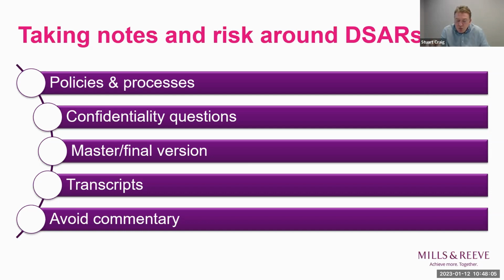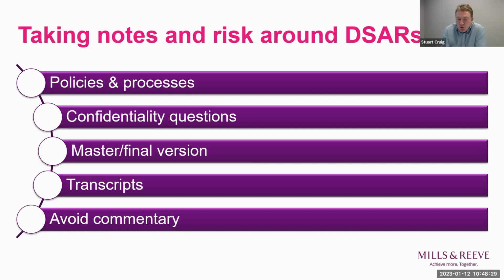So first of all, what do you say about access to investigation data and documents in your policies and procedures? Who's allowed to see those notes, what and when? That's something that I think you should deal with in advance in your policies and procedures. And then what about the basis upon which people who are participating in the investigation give information?